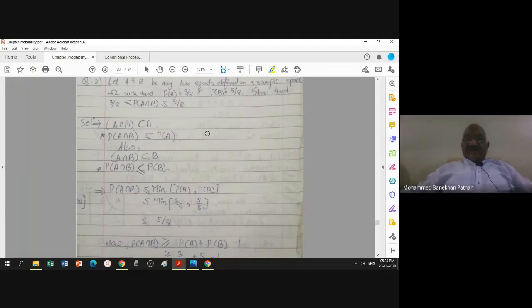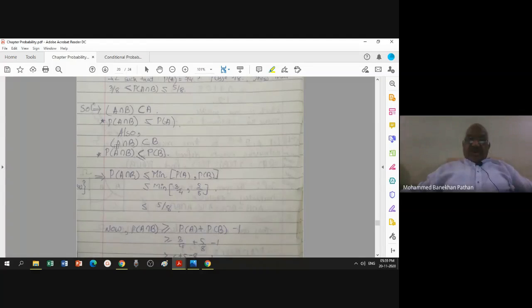One thing you can easily observe, this 5 by 8 is one of the values in the information. That means there should be some relation of B with A intersection B. Let us check how. A common B is a subset of A, implies probability of A common B is less than or equal to PA.